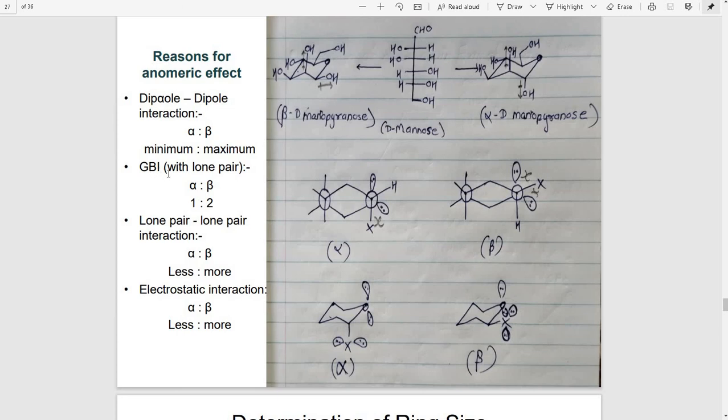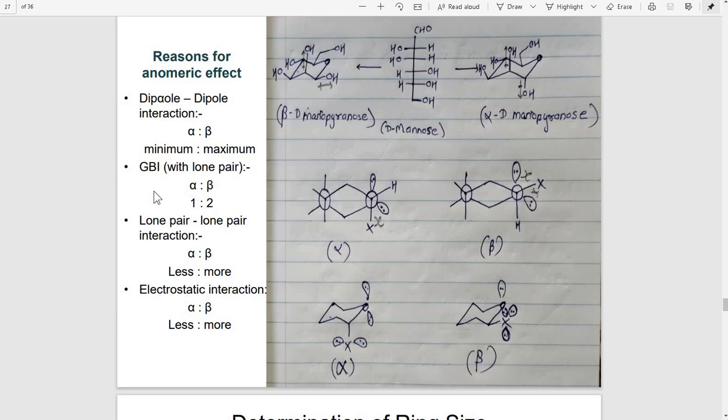Second is gauche-butane interaction. In this gauche-butane interaction, in alpha there is 1 and in beta there are 2. See here, in gauche-butane interaction, the lone pair and X have an interaction, but here there is only one interaction. But in the beta compound, two lone pairs are available and two interactions are present.